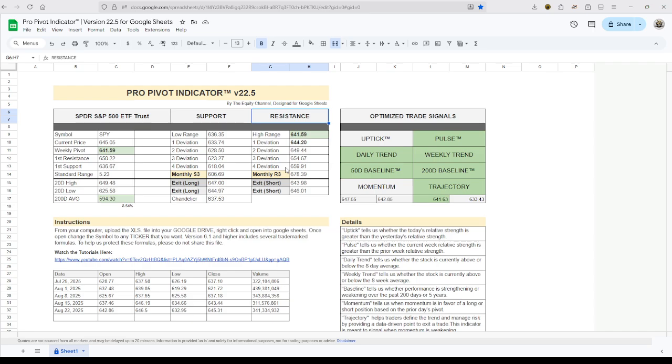This is one of my favorite concepts in trading and in finance. It's known as standard deviations, also known as normal distribution.